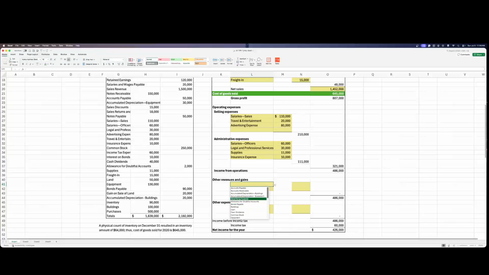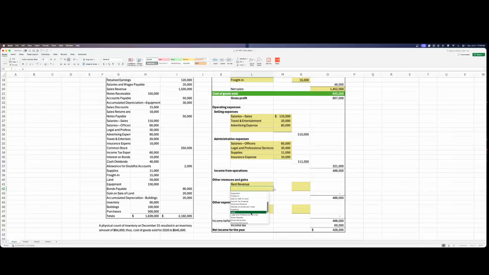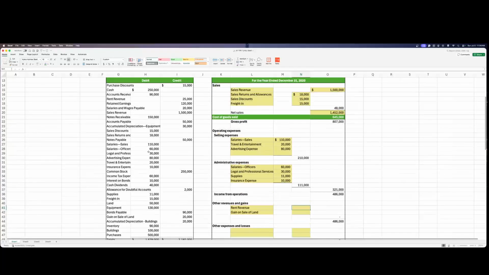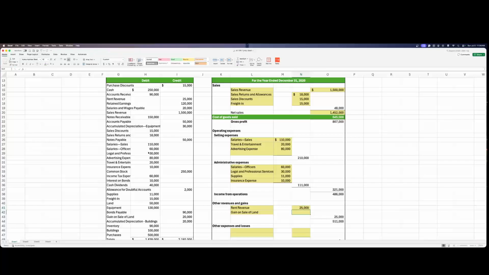Other revenues and gains, if there are any at all. In this case, there are. For example, there's rent revenue, as well as gain on sale of land. Rent revenue, 25,000. Gain on sale of land, 20,000.